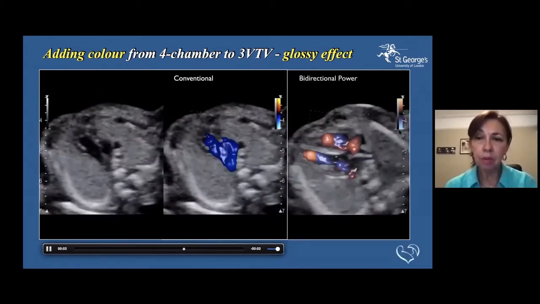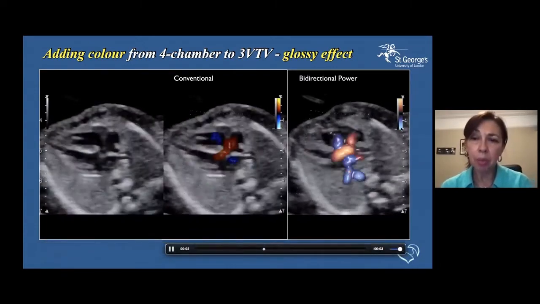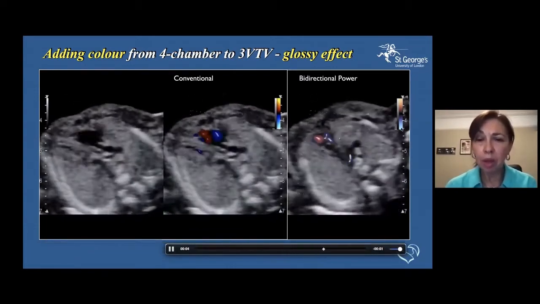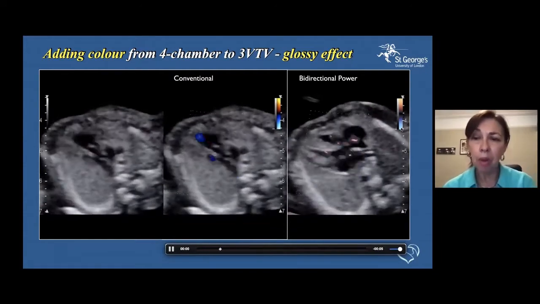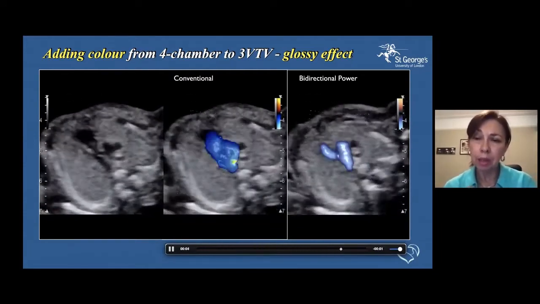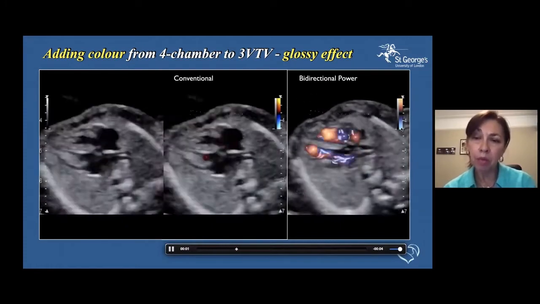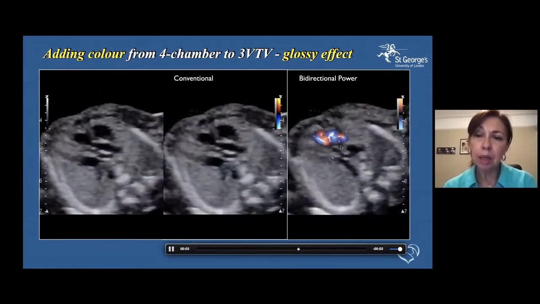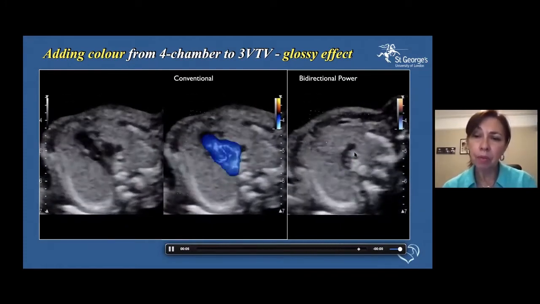And I chose here a bidirectional power Doppler. So we have the conventional color, and the power, which is much less dependent on velocity and the angle, because it picks up lower velocities. And it gives a lot of definition.